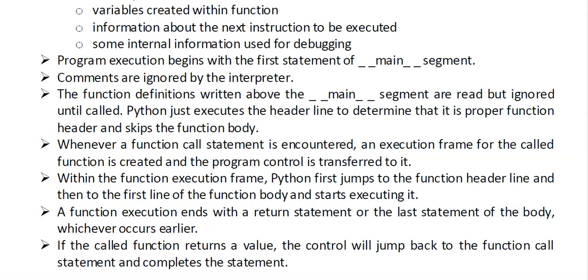Now, if the called function returns a value, the control will jump back to the function call statement and complete the statement. If you have some urgent work and you are presented with a sweet dish at the end, what do you say? You say that I will eat it while reading, and you take that sweet dish bowl with you and come to the study room.